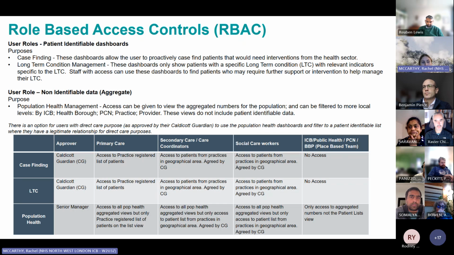So those Caldicott guardians would require some information and understanding as to why that team would require access to those dashboards, what their purpose is, in order for them to make a true decision on whether it would be a legitimate reason to access those patients' information on the identifiable dashboards. Same goes for the social care workers. But when we look at ICB, public health, PCN and place-based teams, they will not receive access to this.